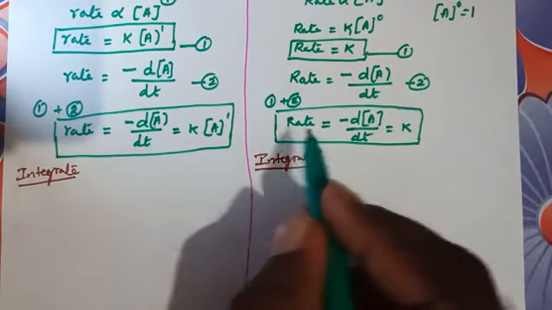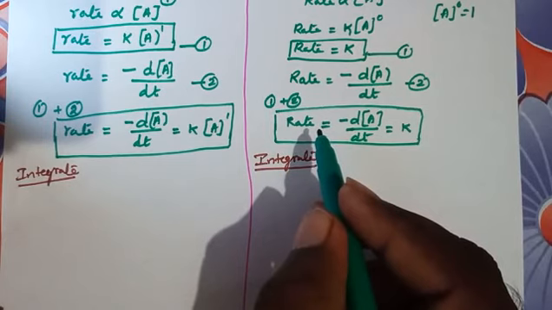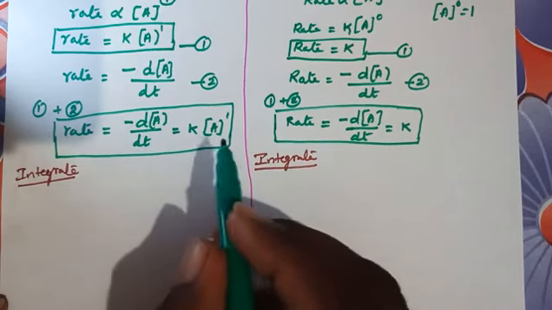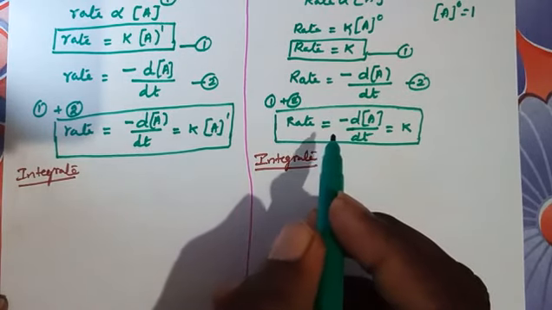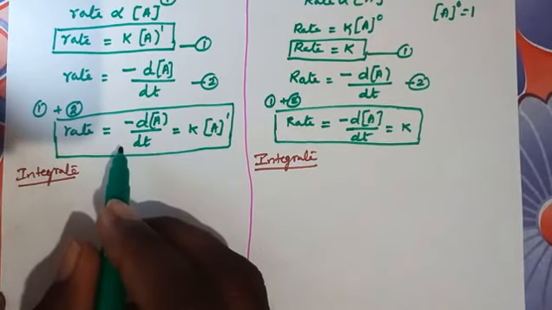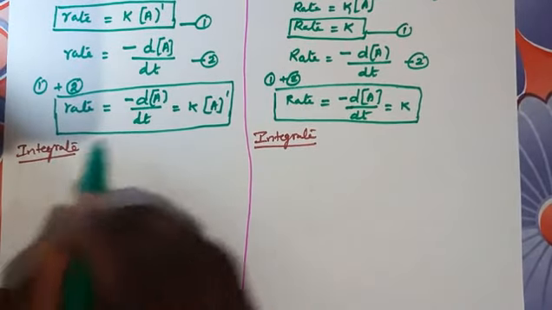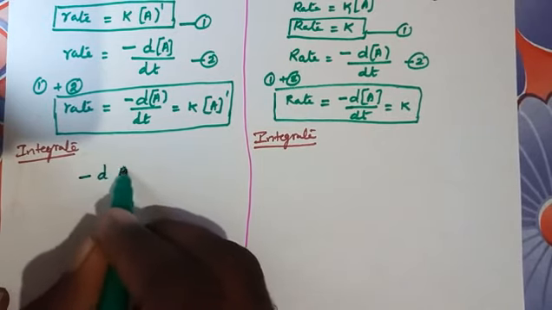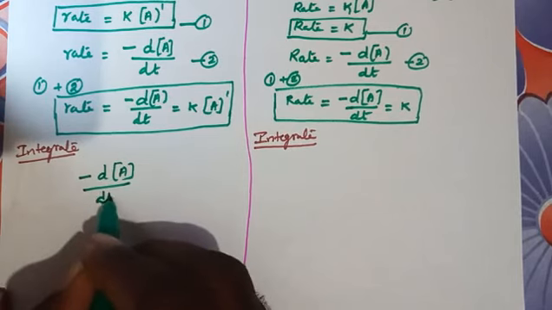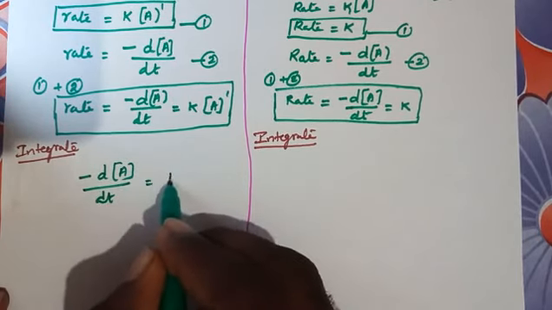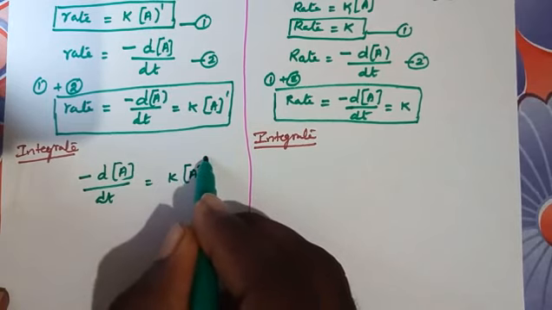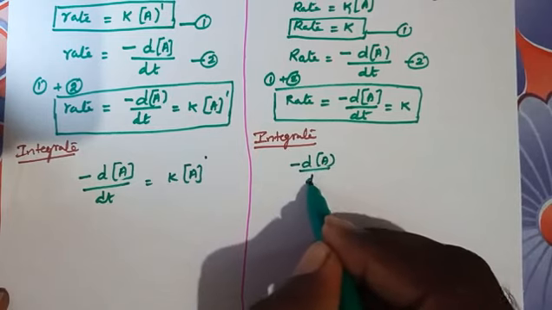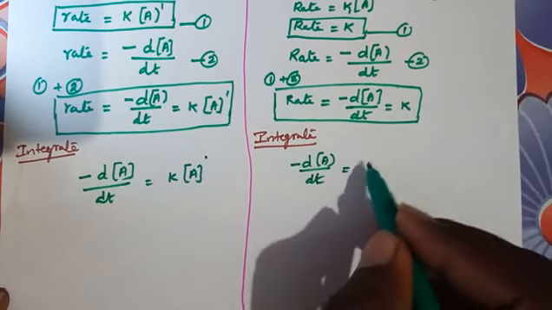The above equations are in differential form. To remove the differential form and get the exact value of k, we integrate the above equation. Minus d concentration A divided by dt is equal to k into concentration A. In the same way, minus d concentration A divided by dt is equal to k.